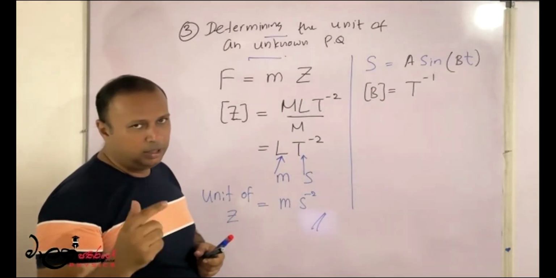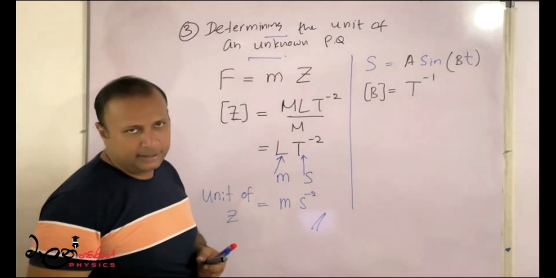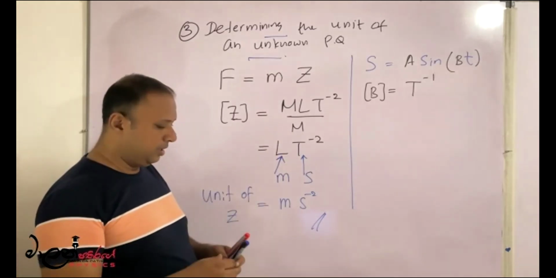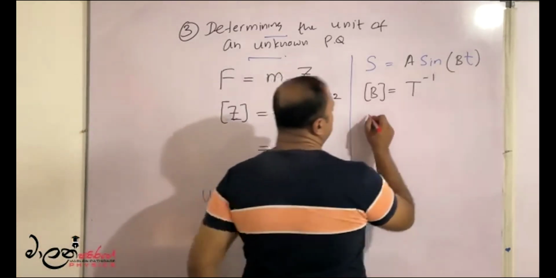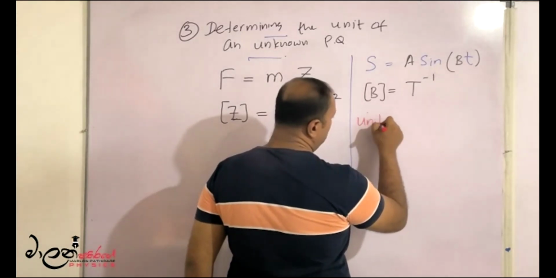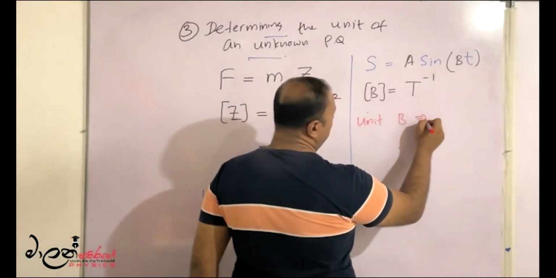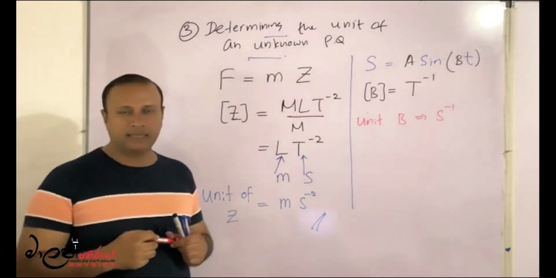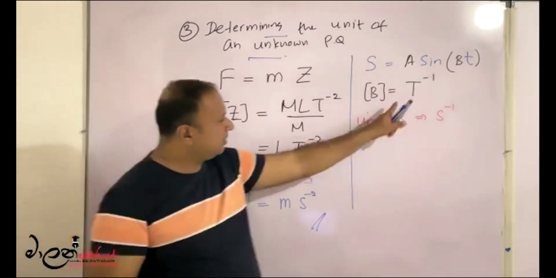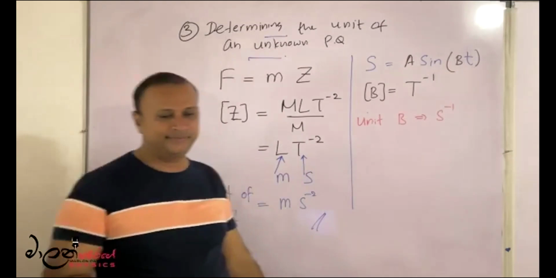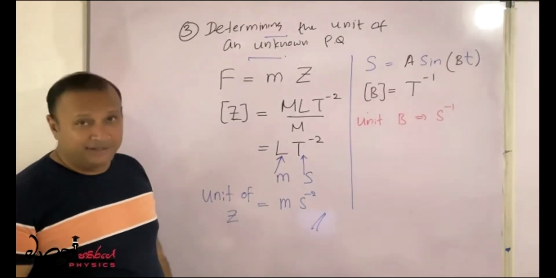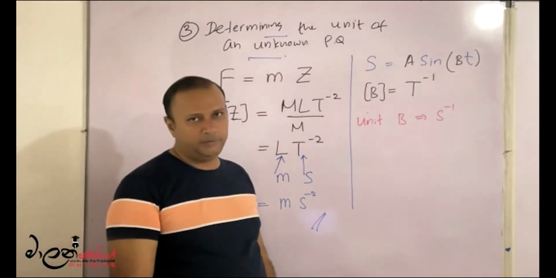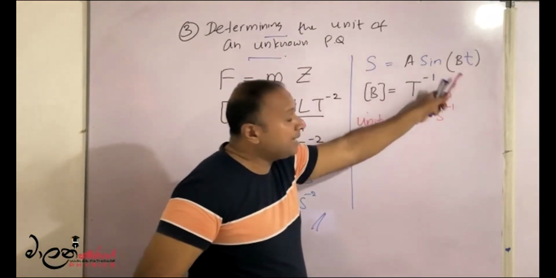So if you use the same method, the unit of B can be written as s minus 1, because instead of T I can write s. But if I write it like this, it will be wrong, because this is an angle.